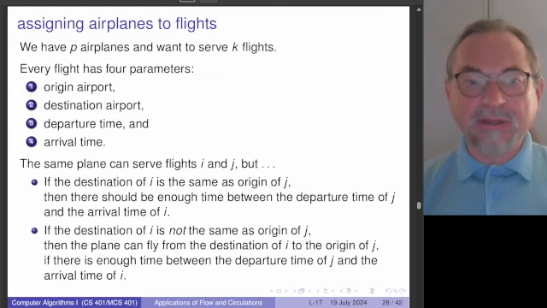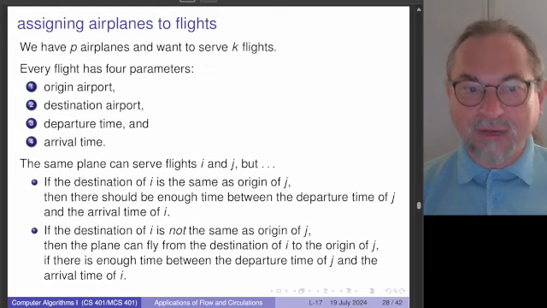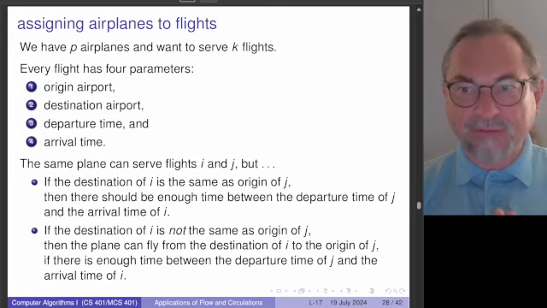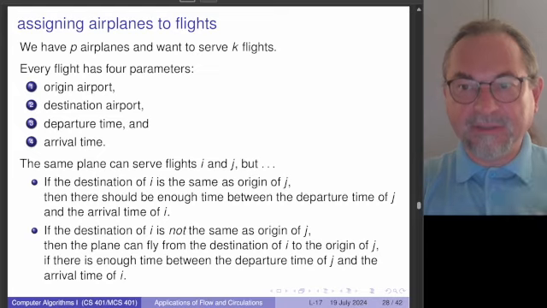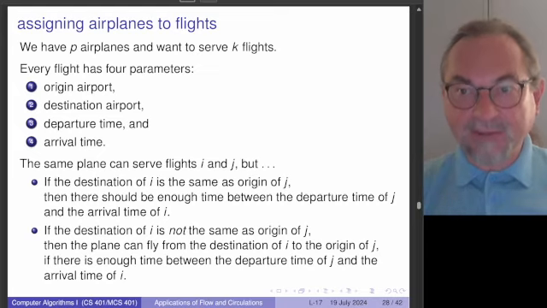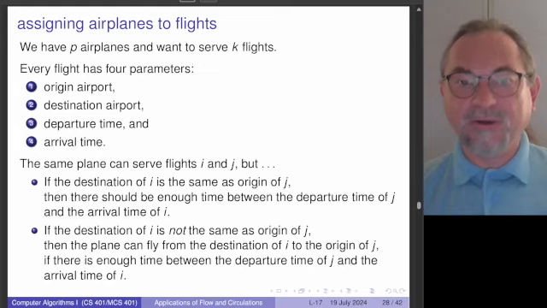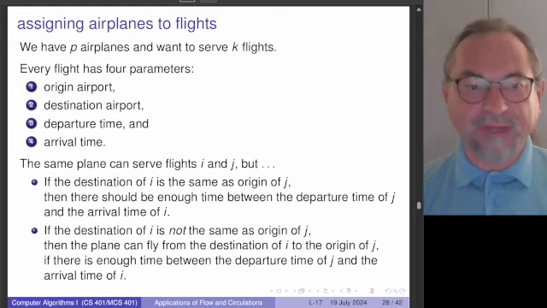Then we have to take that into account. We have to take into account that there is additional time necessary to fly from the destination of the ith flight to the origin airport of the next flight, j.